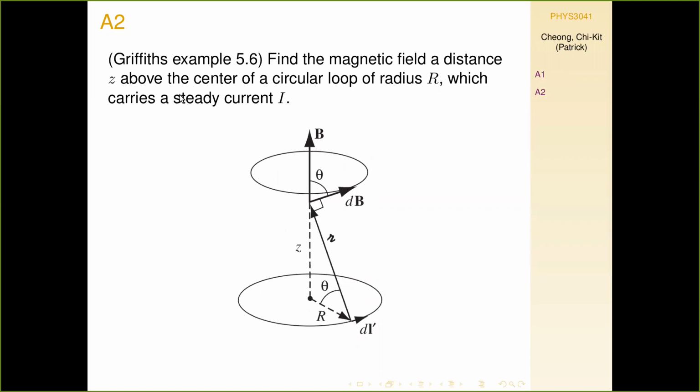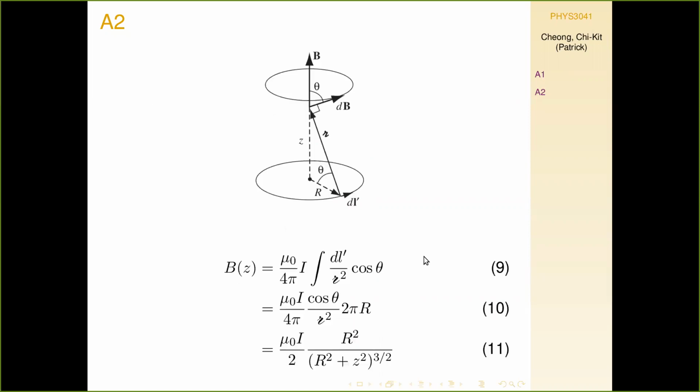And also the static current I is carried by this circular loop. To work out the magnetic field, we can directly apply the Biot-Savart law here.